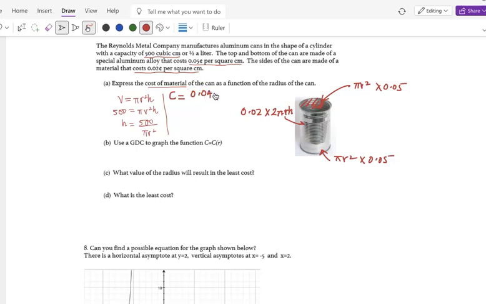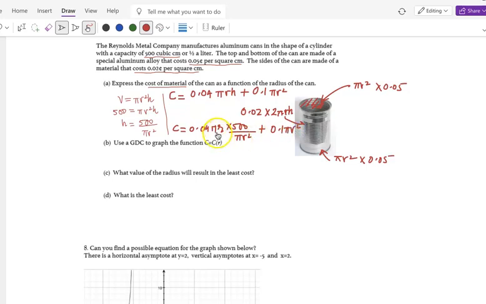So therefore the total cost would be 0.04 pi rh plus 0.05 and 0.05, 0.1 pi r square. So the cost will be 0.04 pi r times h, and h is 500 upon pi r square, plus 0.1 pi r square.